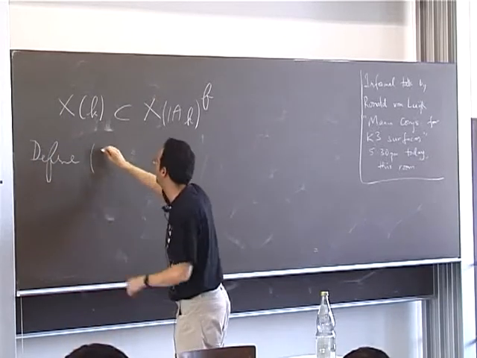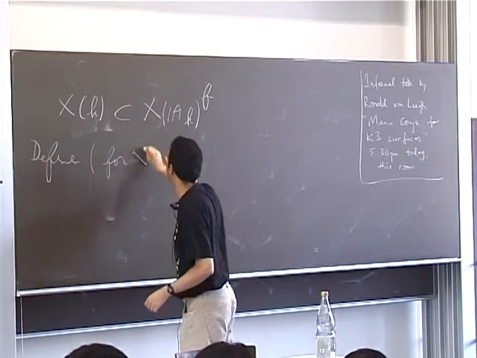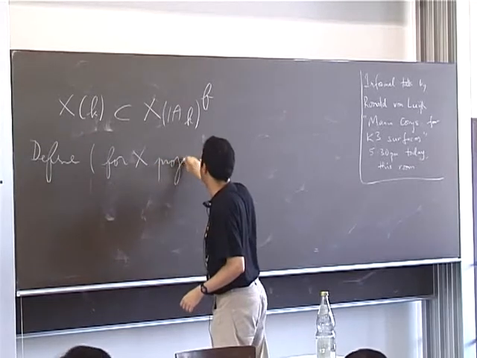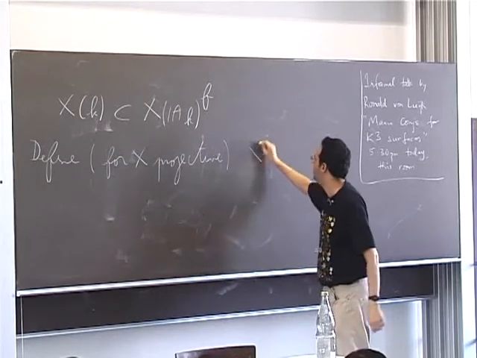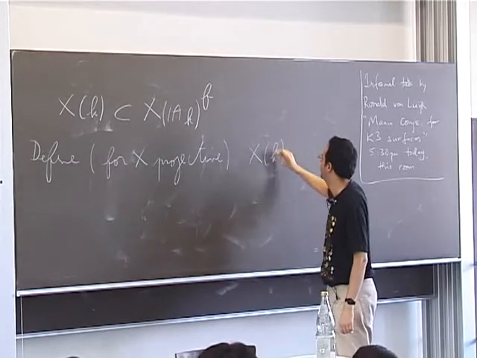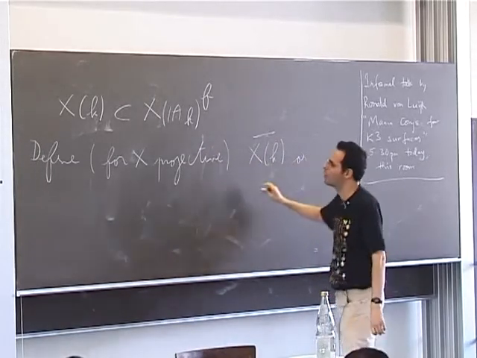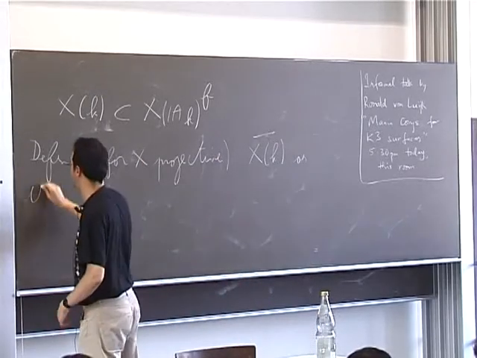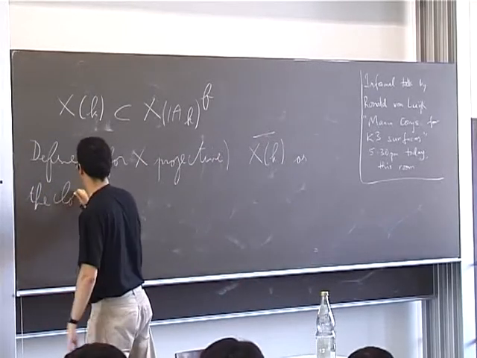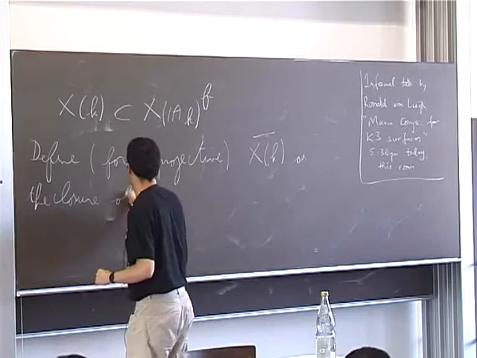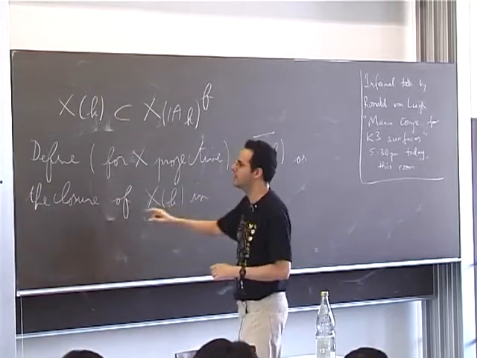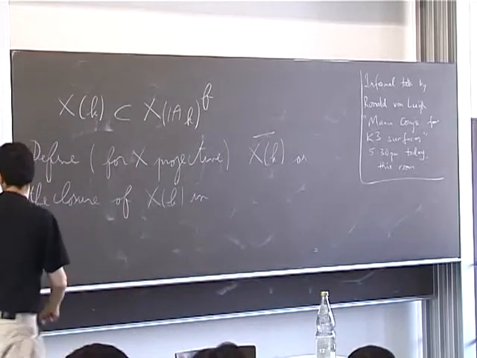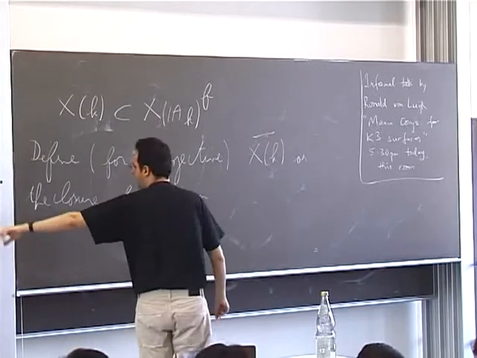So here I assume that X is projective. So define the closure of X of K in this adelic space, so for the product of the v-adic topologies.